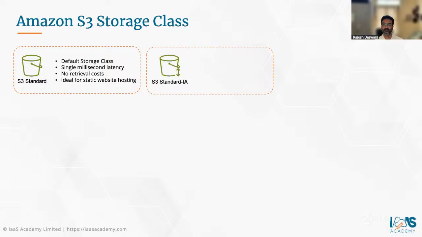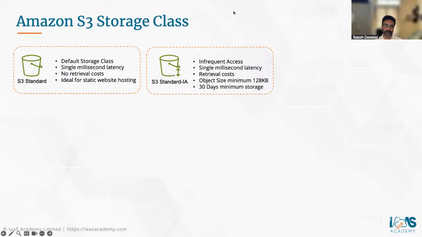You have the standard infrequent access storage class. This is for infrequent access of your data, where you need instant access to your data, but you're not going to be accessing it frequently. If that's the case, the standard infrequent access storage class is a lot cheaper than the standard storage class. Now, to enforce the fact that you don't misuse this class, there are certain restrictions.